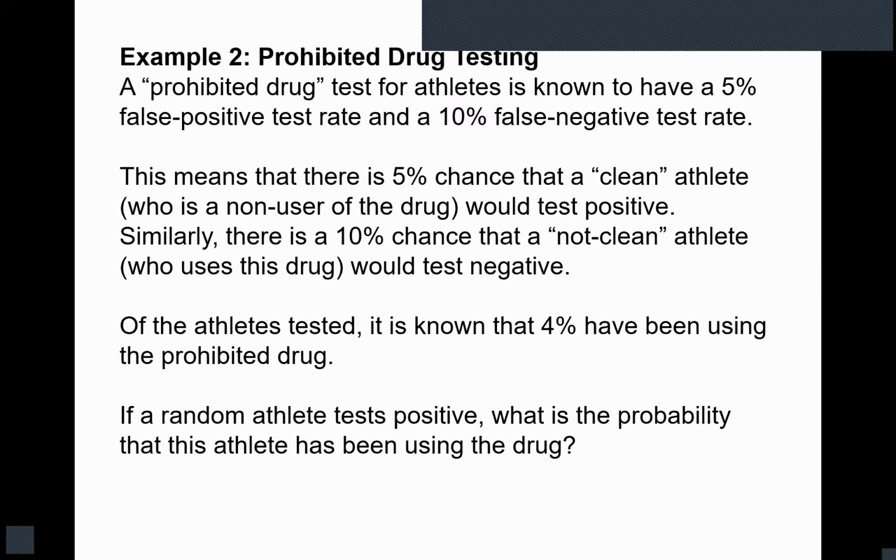Probability of being a user given they test positive. So I'm going to use Bayes' rule.